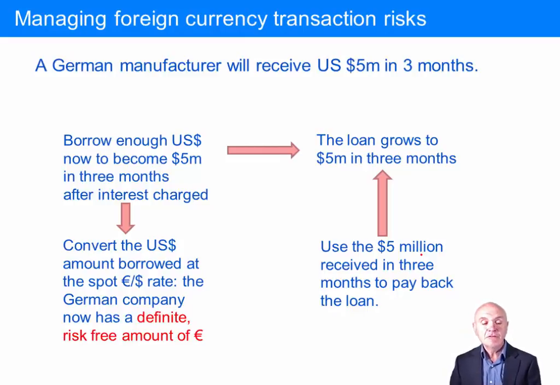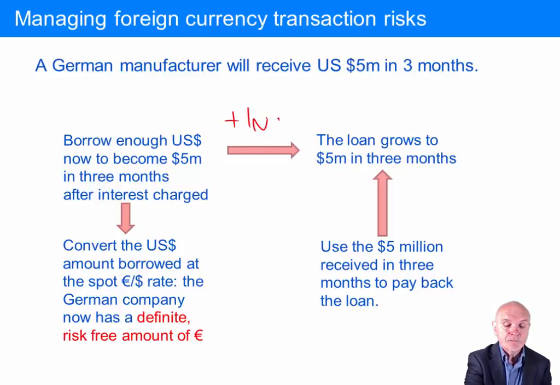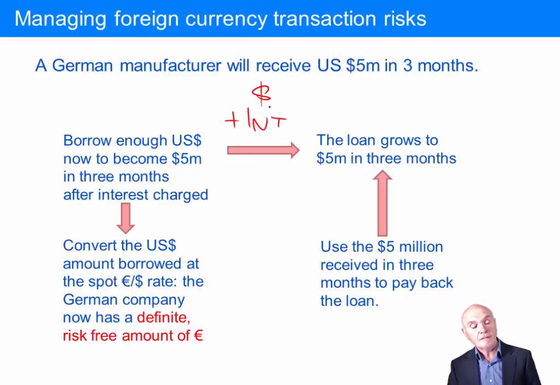How do we create this overdraft? Well, what we do is we borrow enough dollars now. This will be a loan, it will be accruing interest. So in 3 months' time, the loan grows to $5 million. So what we're adding on here is, of course, plus some interest, and it'll be interest at a dollar deposit rate.